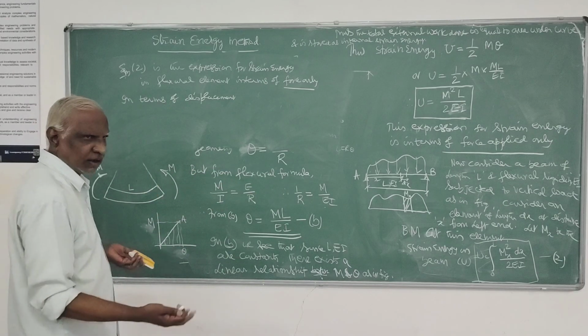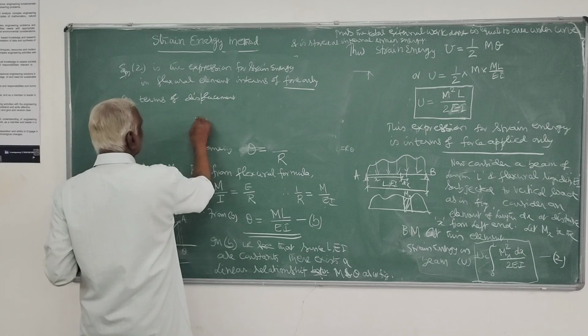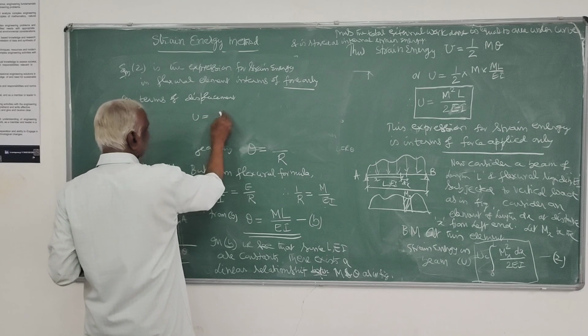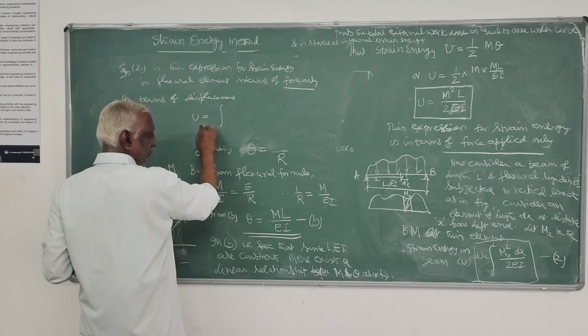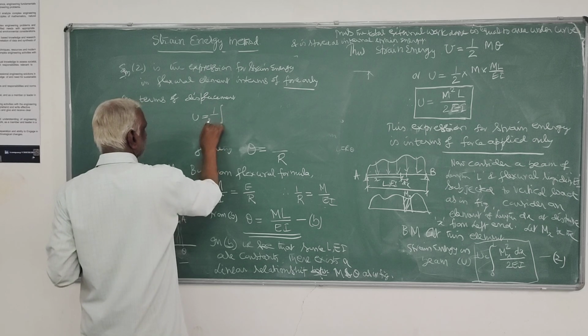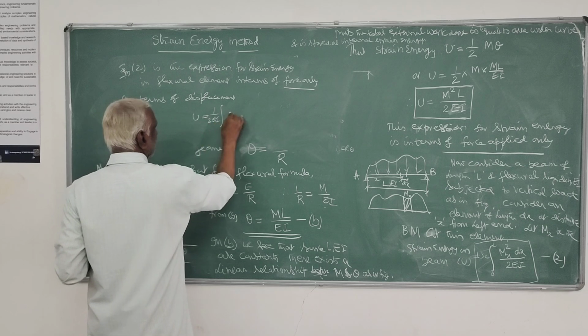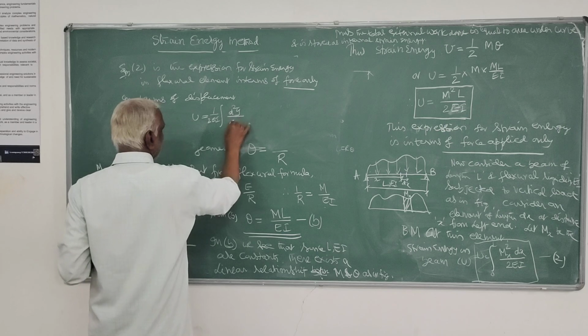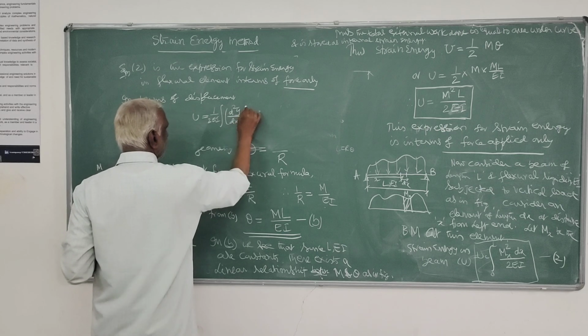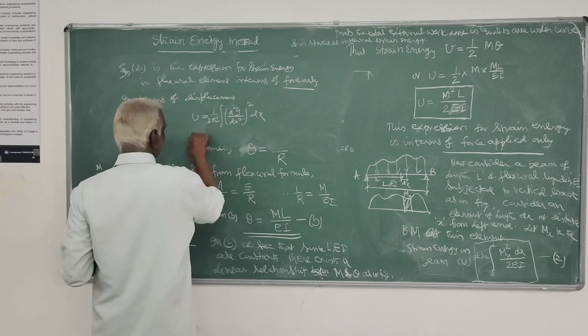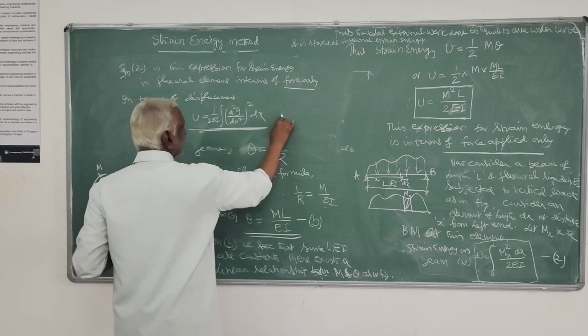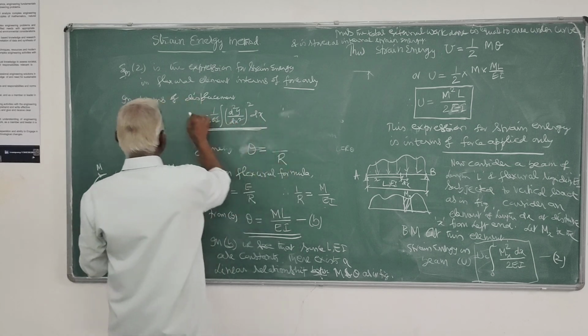That also you know already from strength of materials. Using that, you can write that U is equal to EI over 2, integral of d2y by dx squared, whole squared, dx. This is in terms of displacement.